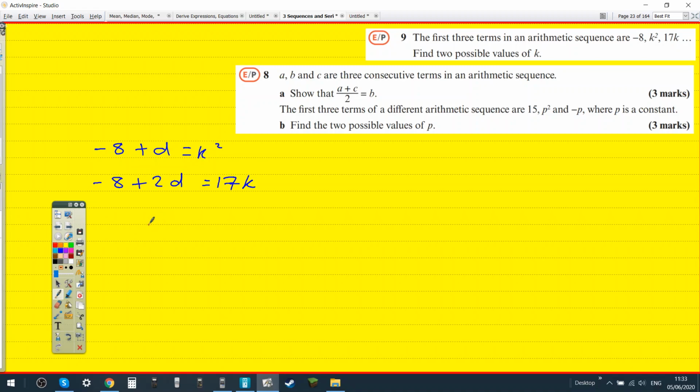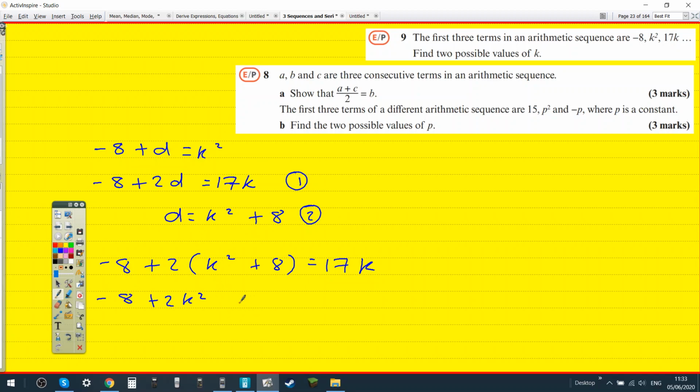And then could I just do a simultaneous equation? Yeah, you've got a quadratic. Could I do something like d equals k squared plus 8? Yep. And then if I do minus 8 plus 2 times k squared plus 8 equals 17k, I would get minus 8 plus 2k squared plus 16.